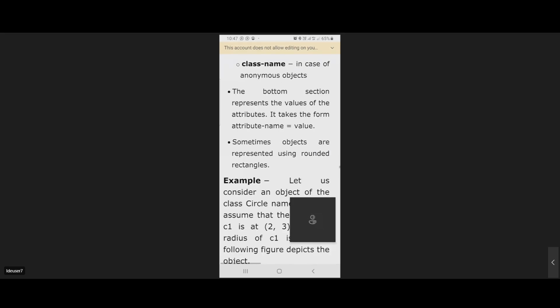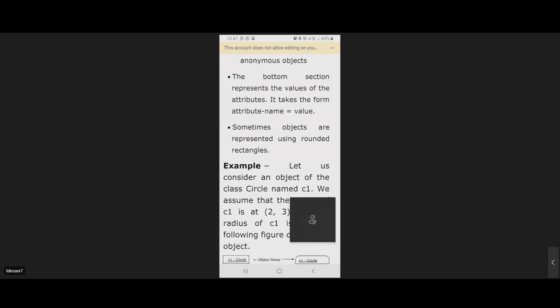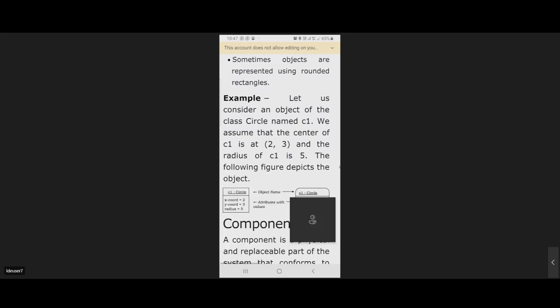The bottom section represents the values of the attributes. It takes the form attribute name equal to value, normal assignments. Sometimes objects are represented using a round rectangle also. So we can define an object in both the rectangle or round rectangle manner.